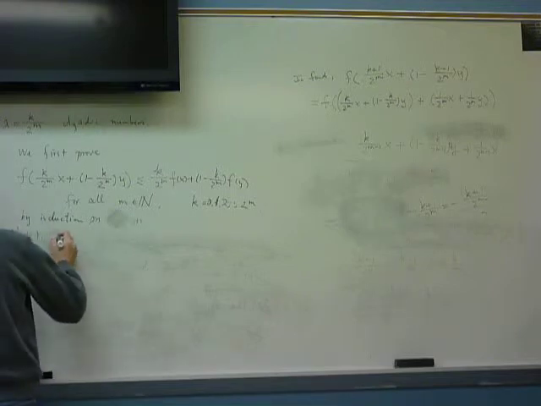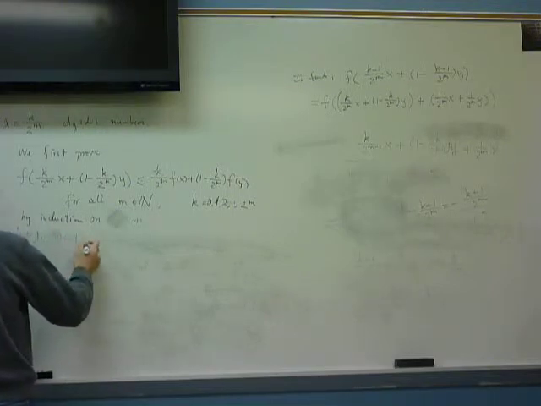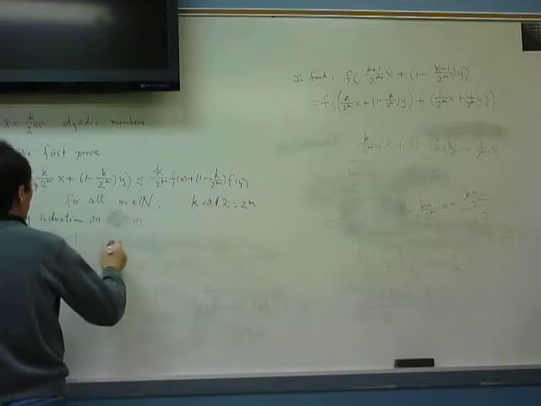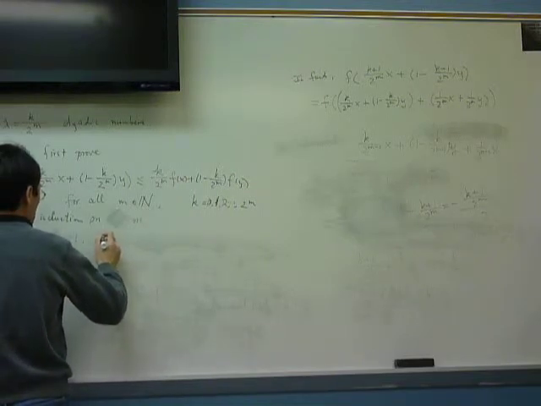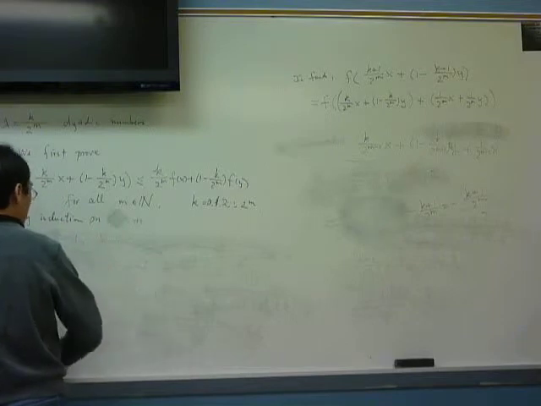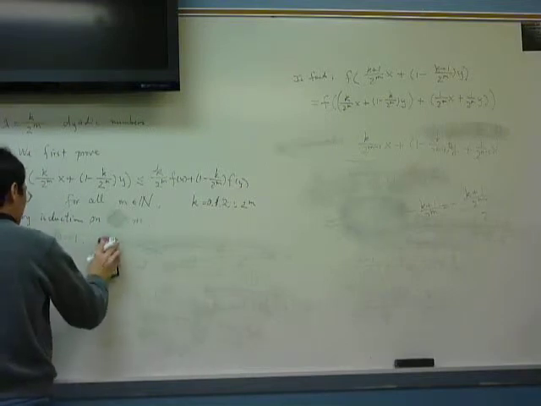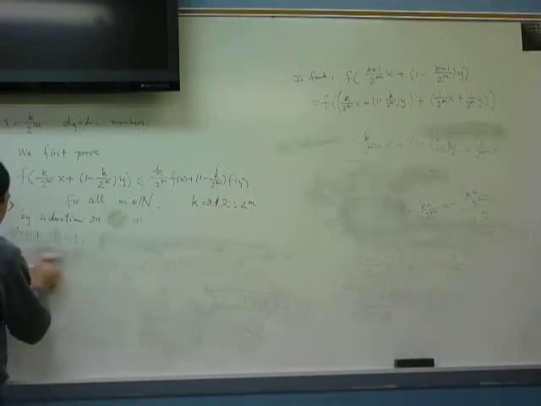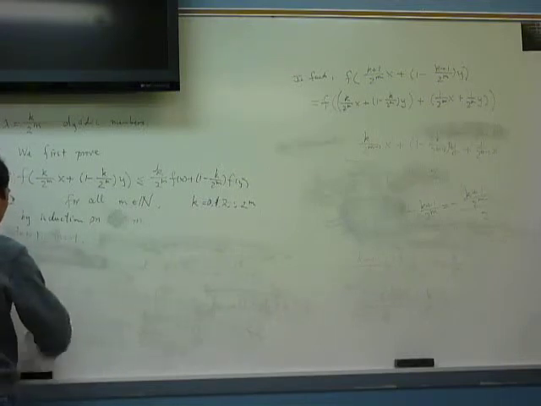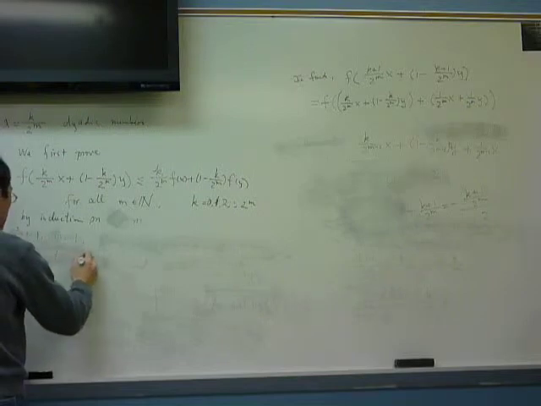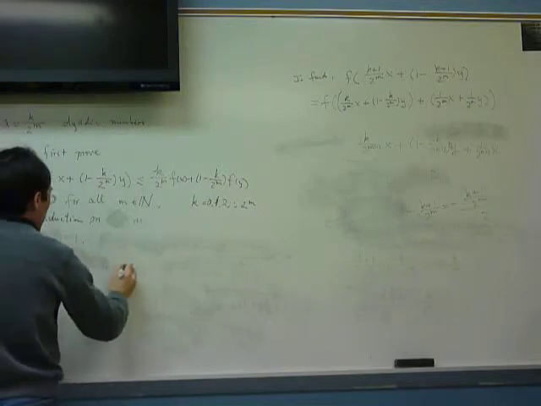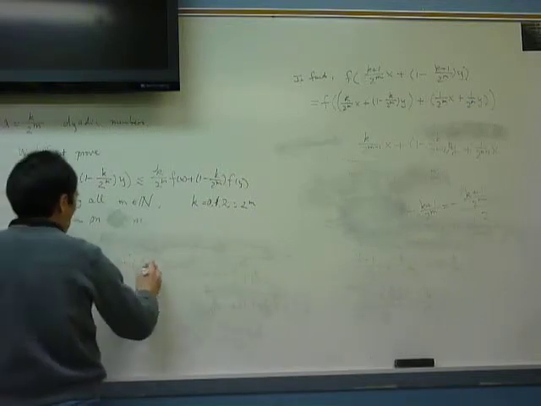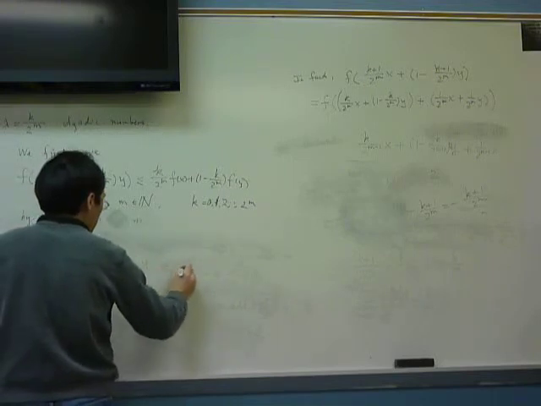So then, M equals 1. If M equals 1, then you need to prove it for K. For K equals 0, this is just f of y less than or equal to f of y, right?